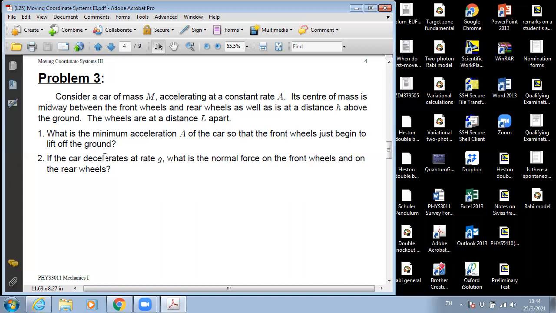If the car decelerates at rate g, what is the normal force on the front wheels and on the rear wheels?